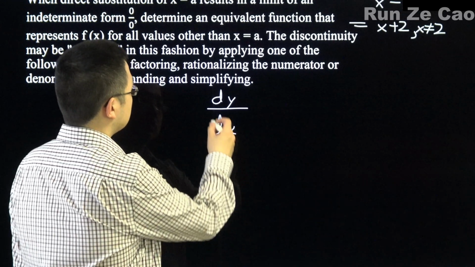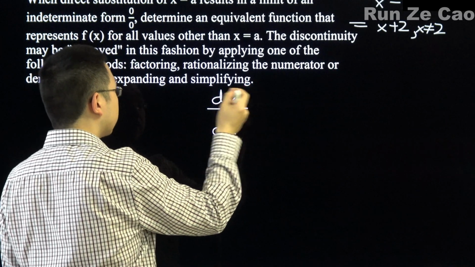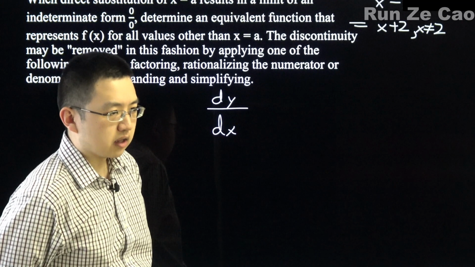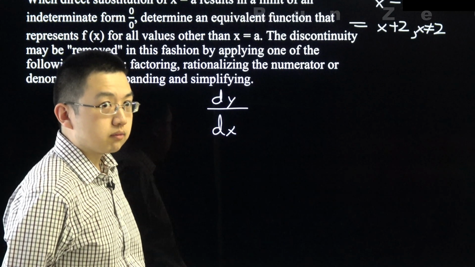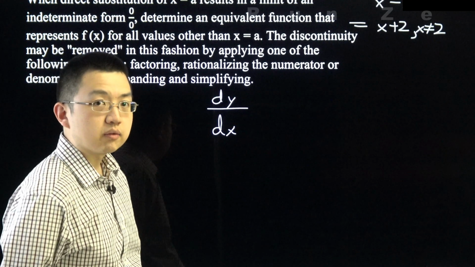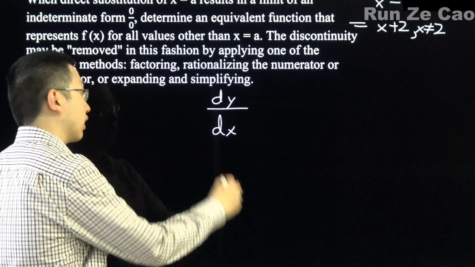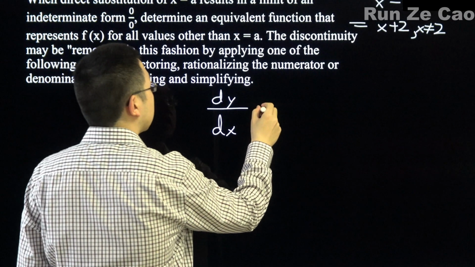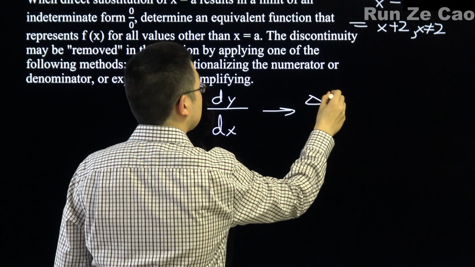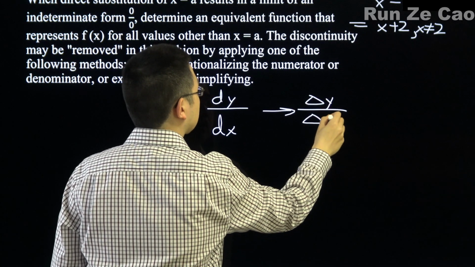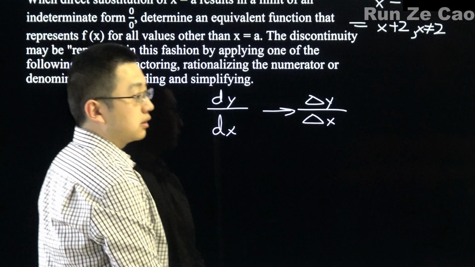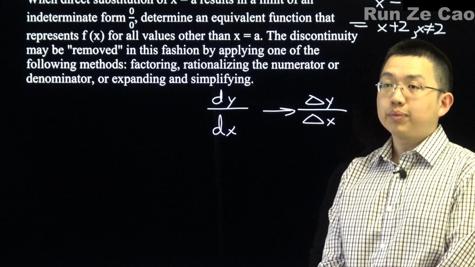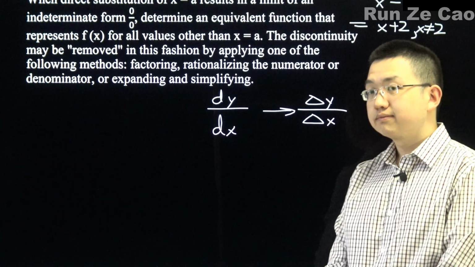So this is change in y over an infinitesimally small range over change in x in that same infinitesimal range, in other words, the slope at any given x value. This can be written as delta y over delta x. It's usually dy over dx, but sometimes you do see this.